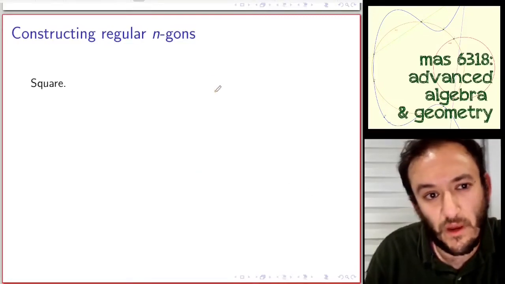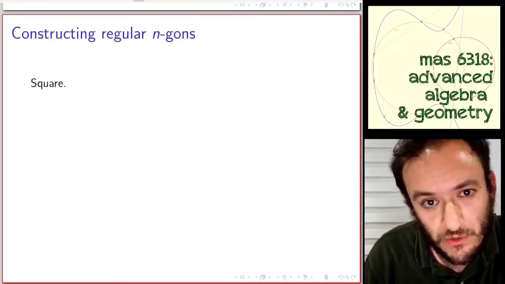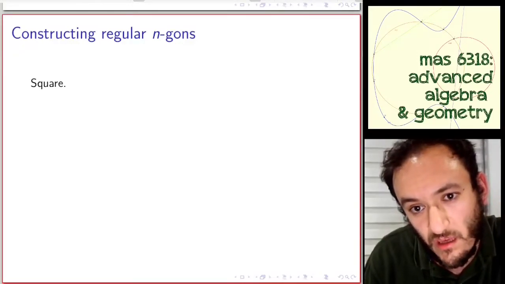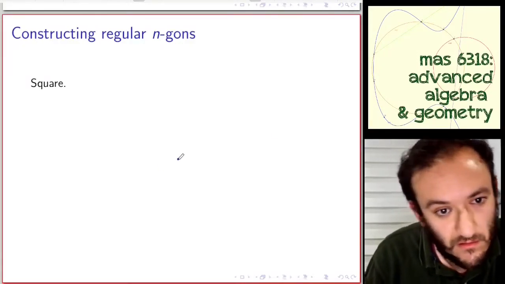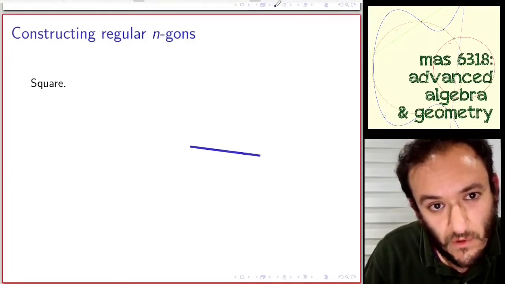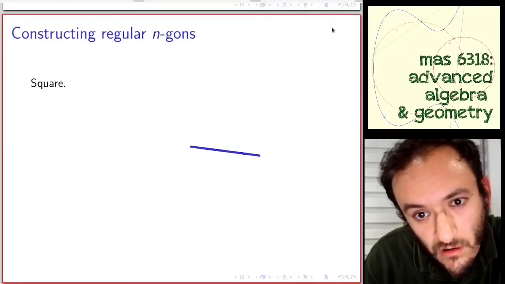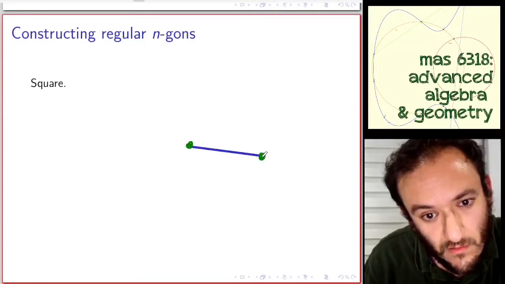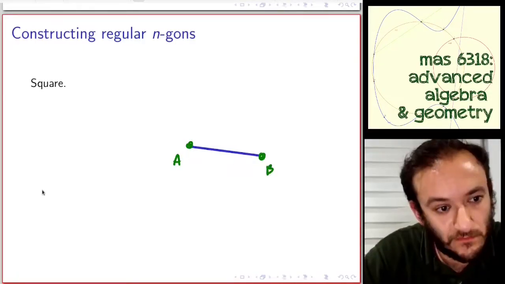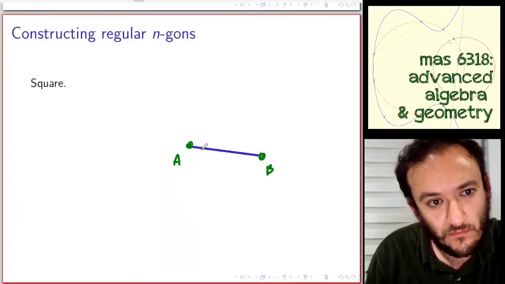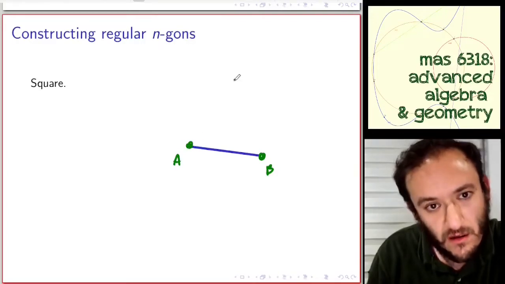Okay, how about a square? Well, it's a little trickier, so let's start with some line segment AB. Okay, so we'll put our points here. So we want to get a square.